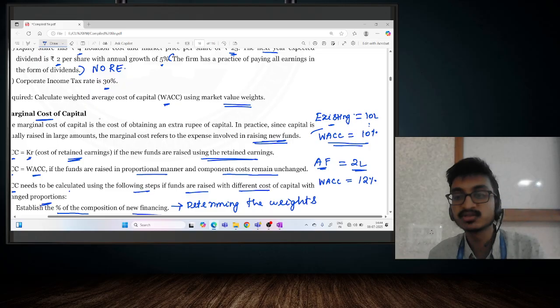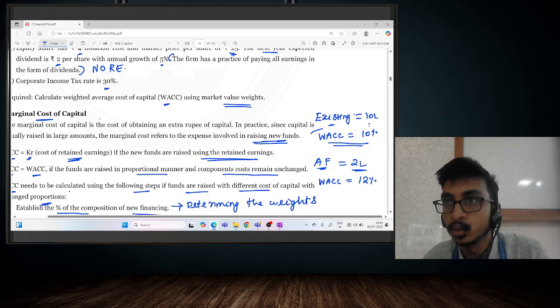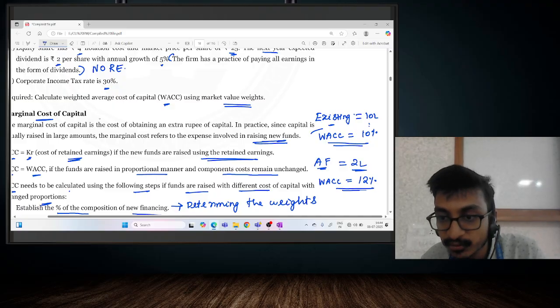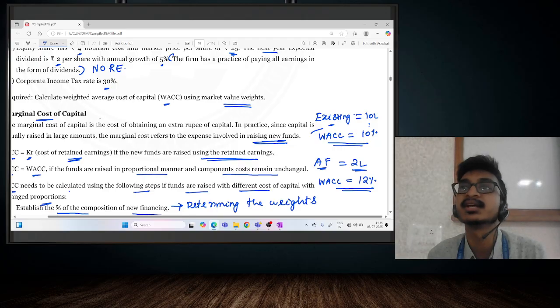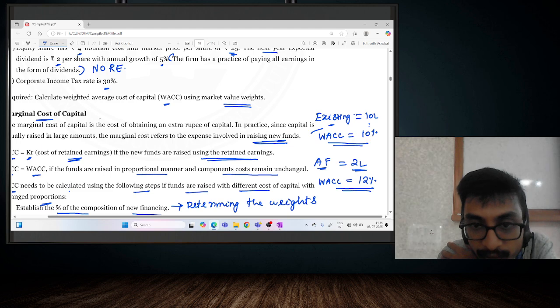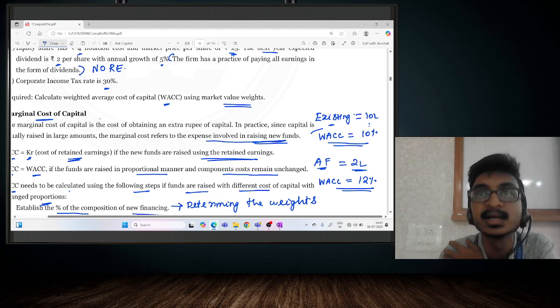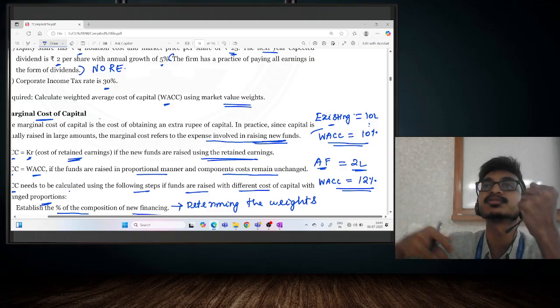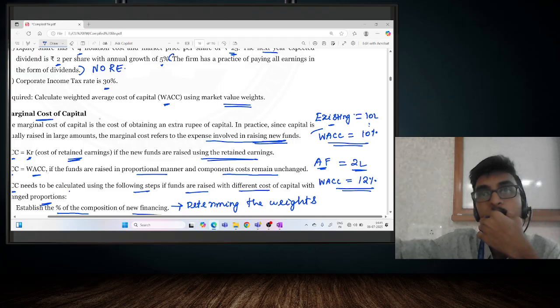Now the company wants to raise an additional capital of 2 lakh rupees. For raising this 2 lakh rupees, the average cost of capital is 12%. In this case, what is the marginal cost of capital? Not 2%, it is 12%, because marginal cost of capital is nothing but the cost of the expense involved in raising new funds. In this case, what is the new funds? 2 lakh. What is the cost for the 2 lakh rupees? 12%. So that is the marginal cost of capital.